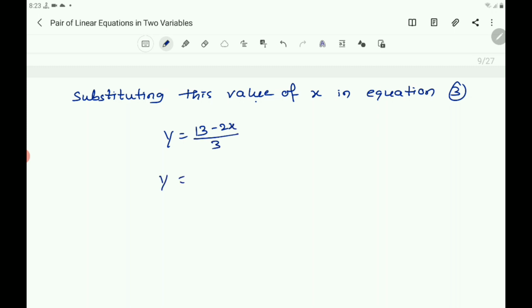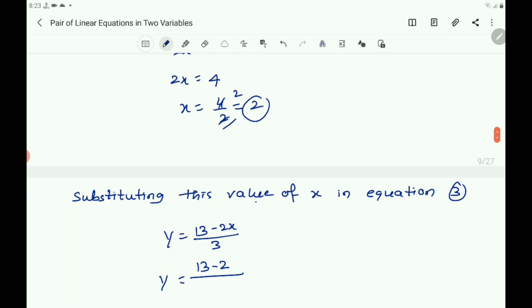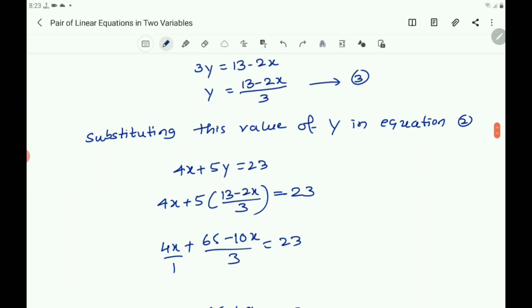Then y equals (13 minus 2 into the x value, which is 2), you write here.